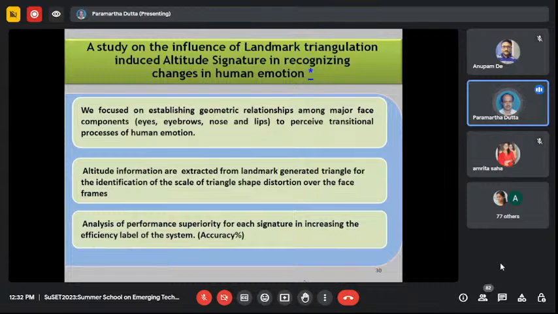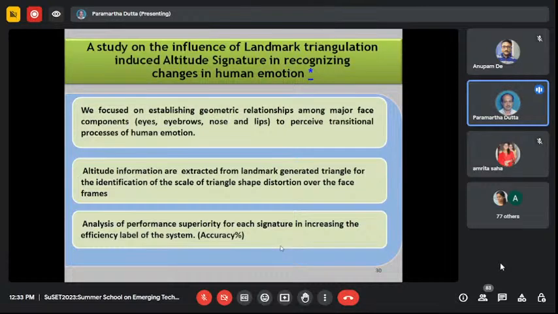Another method is where a different signature is considered, which is altitude signatures, which we are going to explore now.